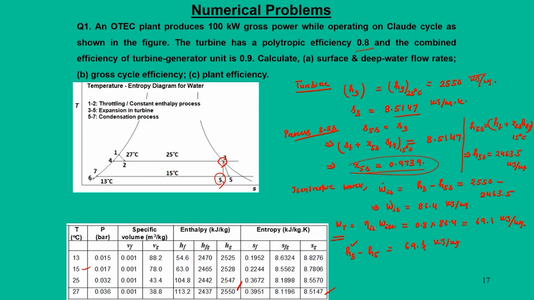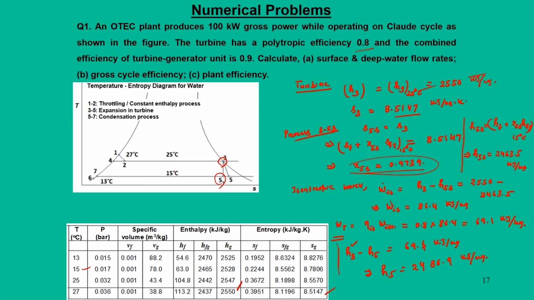We have H3 already. So, this will give you H5 as 2480.9 kilojoule per kg. Okay. So, this we get from the turbine output.